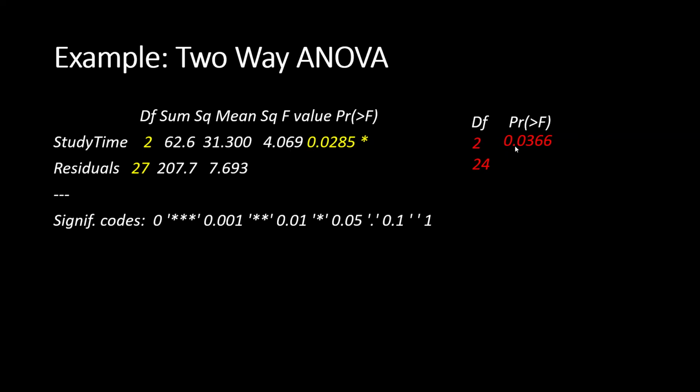So this is study time with school and the interaction in the two-way ANOVA. This is our p-value and our residuals. And this, if we were to just run it one-to-one, with study time being our sole independent variable and stress or satisfaction being our dependent variable, the p-value is lower and the residuals are different.